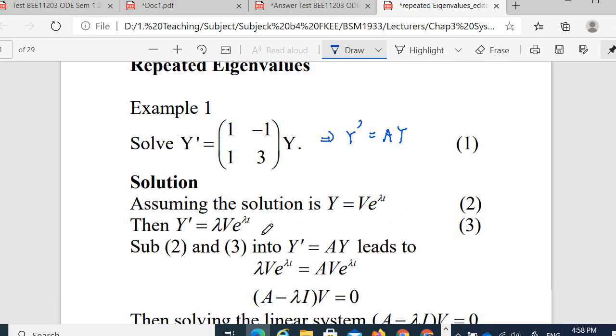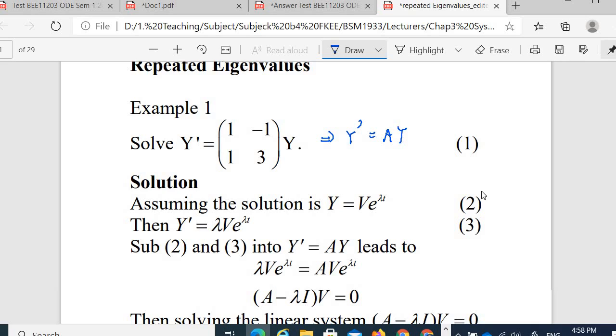So when you substitute equation 2 into the homogeneous system y prime equal to Ay, your y prime is obtained by differentiating y with respect to t. Y is dependent on t, so y prime is dy/dt. Since b is a constant, you only differentiate with respect to t, so you get lambda b e to the lambda t.